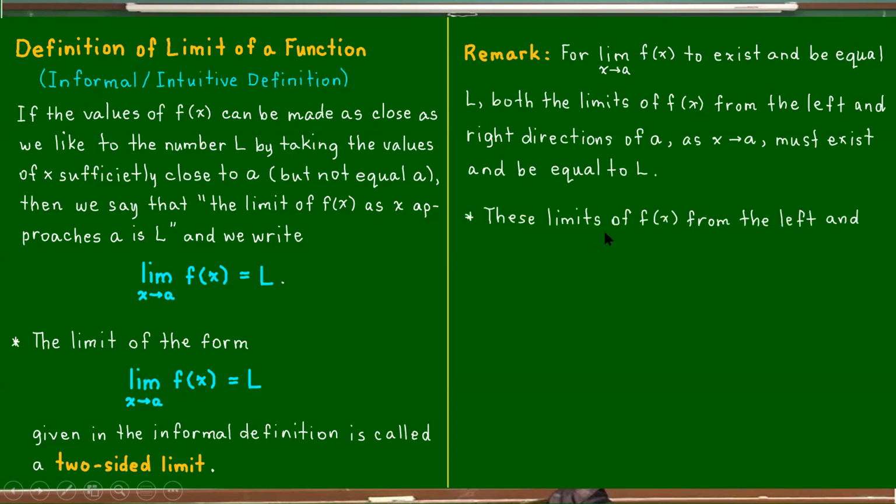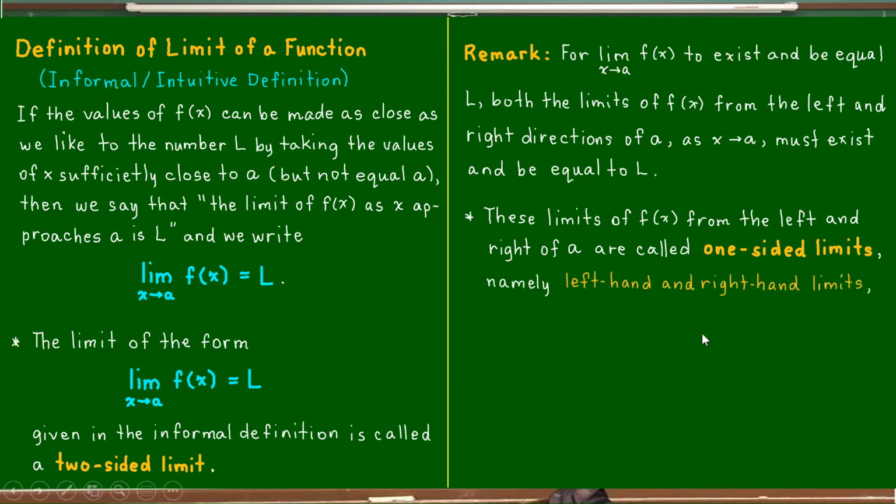So these limits of f(x) from the left and right of a are called one-sided limits. So if you have this notation, lim f(x) as x approaches a equals L, it means two-sided limit. And if we have minus on top of a or plus on top of a, we have what we call one-sided limits, namely left-hand and right-hand limits.